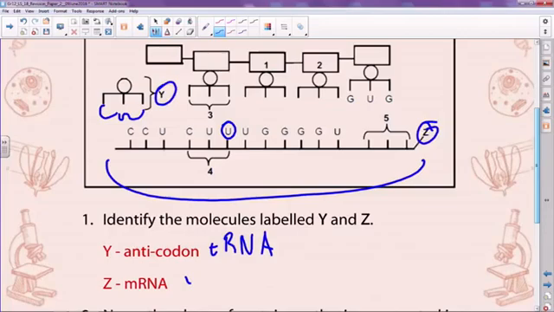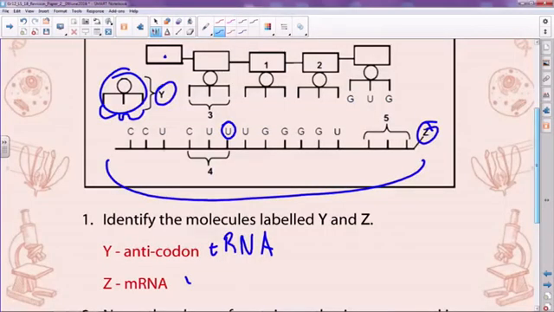I have a look at that letter U. There are no U's in DNA, only T's, and wherever there's a T, in RNA it becomes a U. That's the quickest way to know. And you can see the tRNA separates after it has dropped off its amino acid.